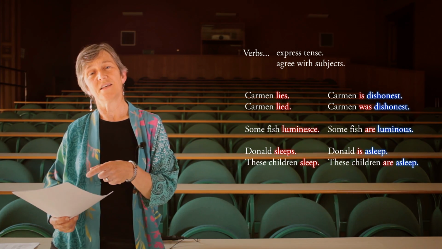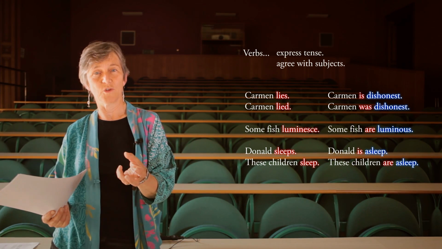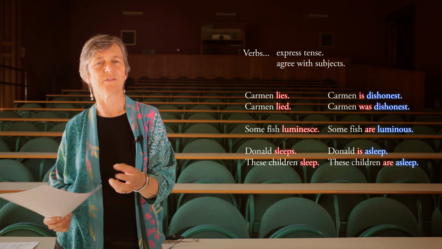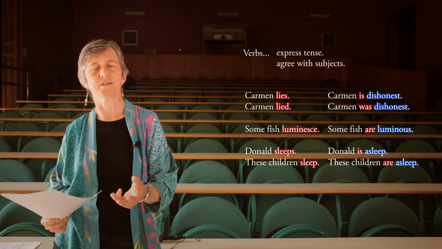So in that sense, it seems like what corresponds to the verb is really the adjective, that the adjective is the head of the predicate. And that impression is also supported by the fact that in certain circumstances, we can express the same meaning, the same proposition, with an adjective as the predicate without be occurring at all.